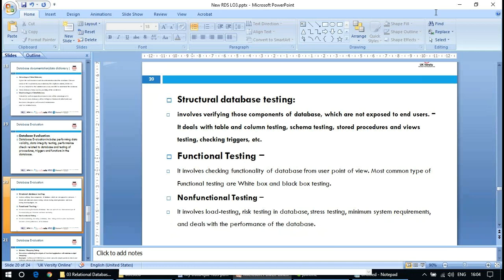So you can do testing like functionally checking the functionality of the database, and non-functional testing is load testing basically. Risk testing, stress testing, testing minimum requirements.